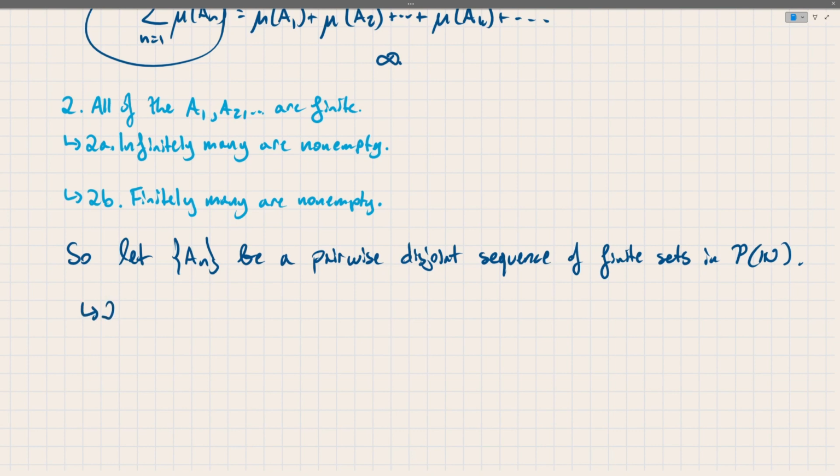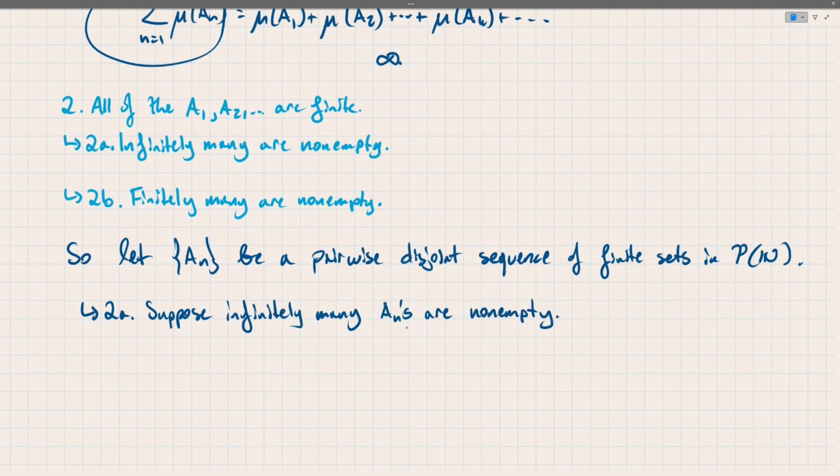So in the case 2a, we'll say suppose infinitely many of the ANs are non-empty.